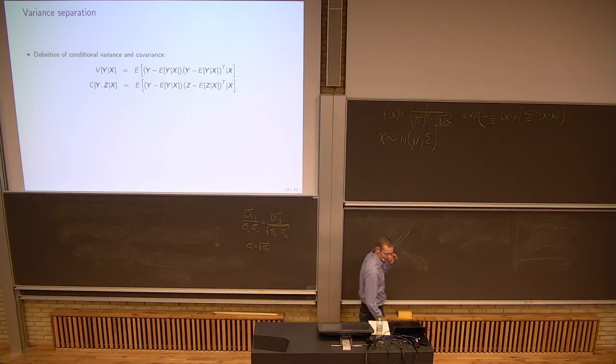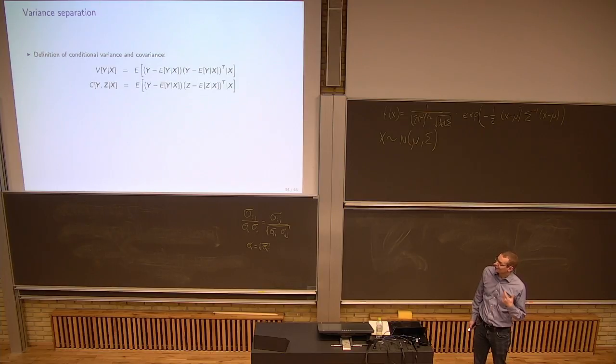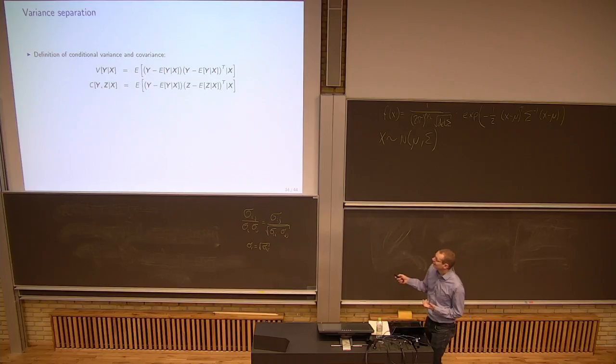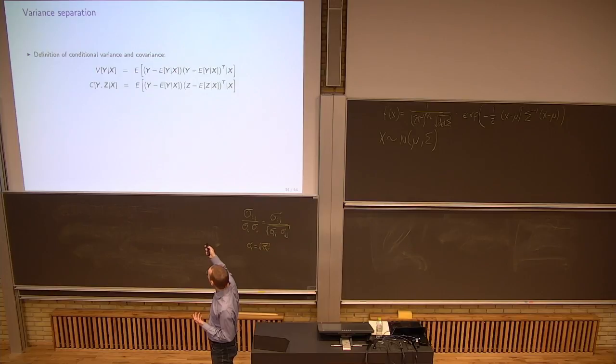So another thing is variance separation. The definition of conditional variance here is the same thing. The definition of the variance is the same as before. The only thing is that everywhere where you have the expectation in here, you have to condition on x here, there, and there.